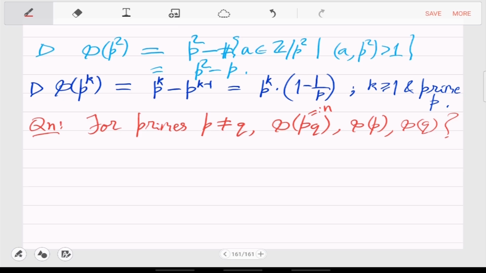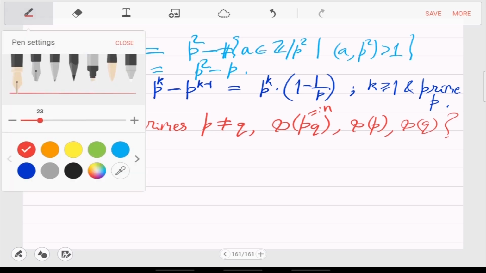It is something larger actually, but that is fine because phi of p square we have understood. What we don't understand is when p and q are different. In that case something good will happen, which is this product. So let's prove that.